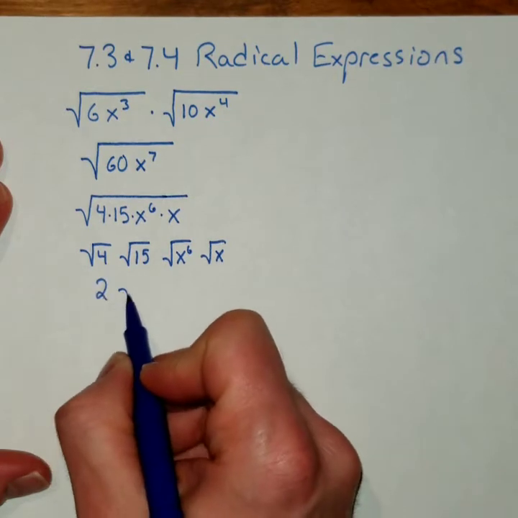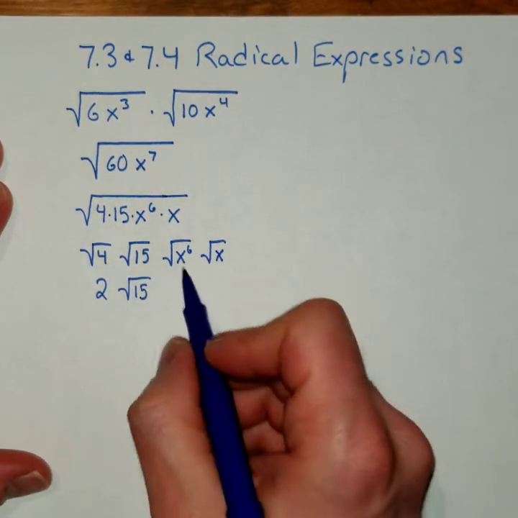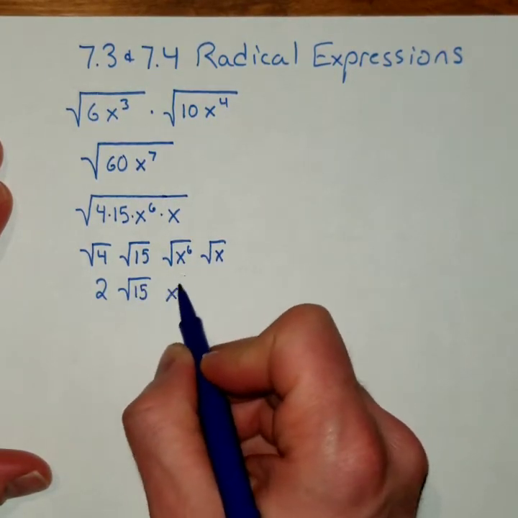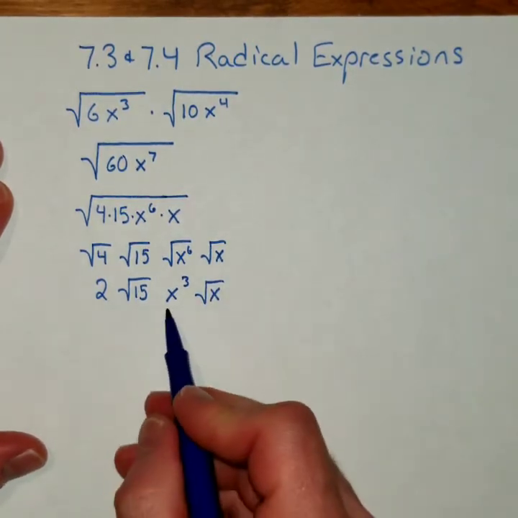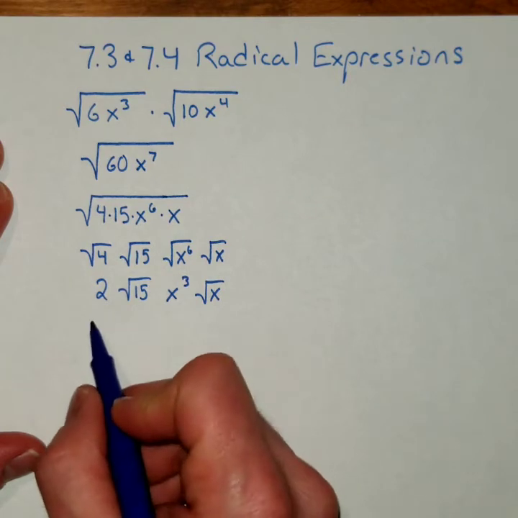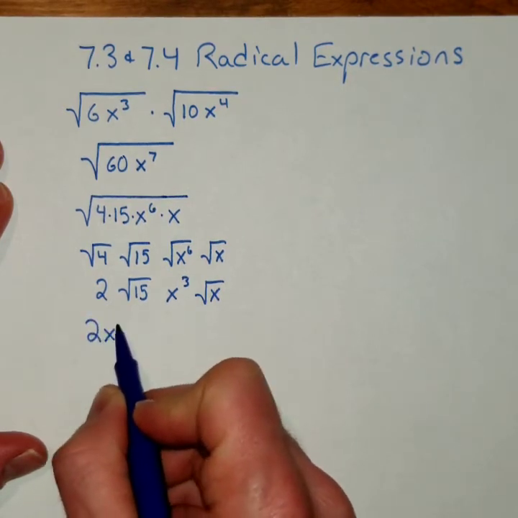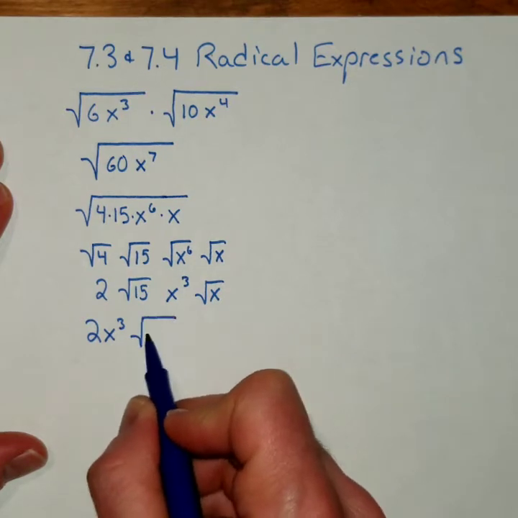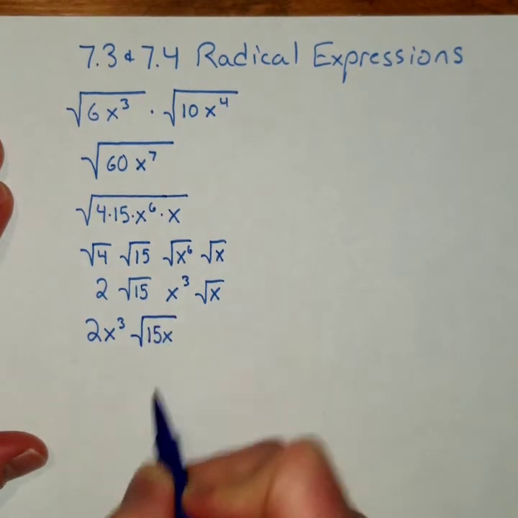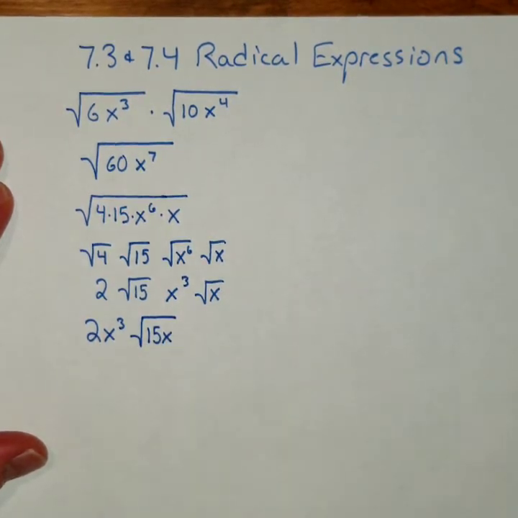This is a 2. That one doesn't simplify. This one I cut the power in half. That one doesn't simplify. And then we grab the 2 factors that are not in a root, put them in front, and the 2 factors that are in a root, I put them in the same root. Okay? So that simplifies pretty nicely.